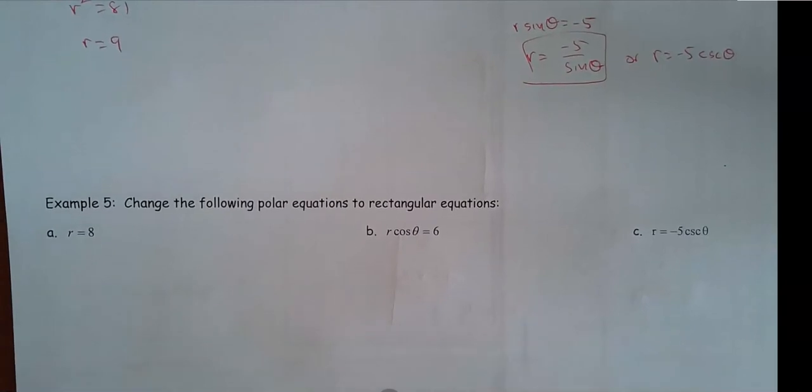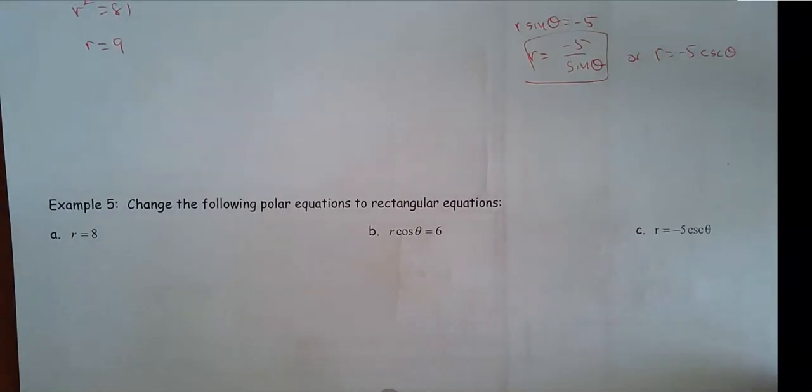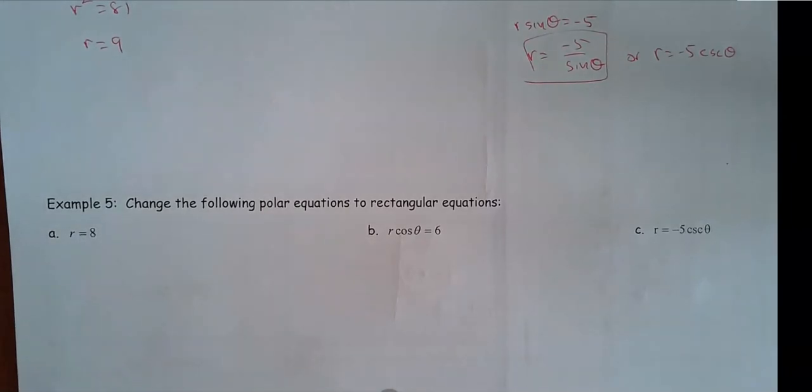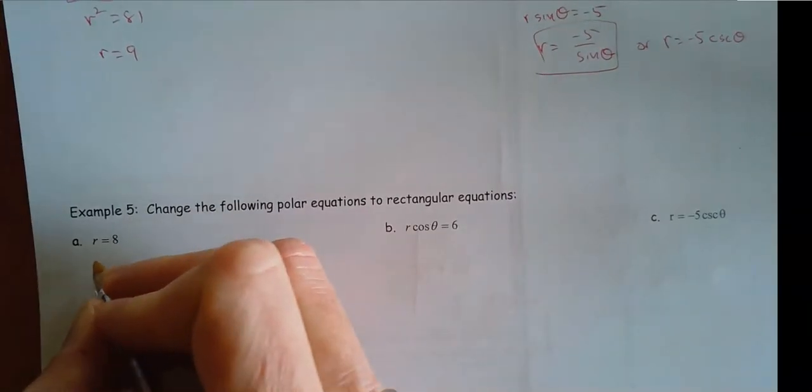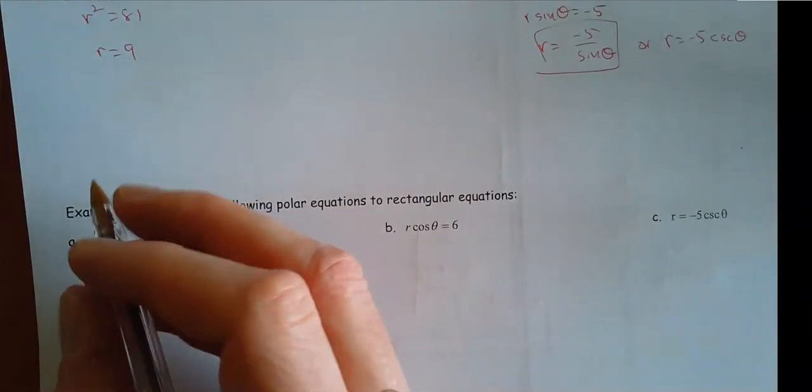Now going the other direction, we have to do maybe a little bit of trickery with it, because r equals 8. So that means it's basically a circle centered at the middle with a radius of 8. Well, anywhere you see an r squared, we can plug in an x squared plus y squared. The problem is I don't see an r squared in there, I just see an r.